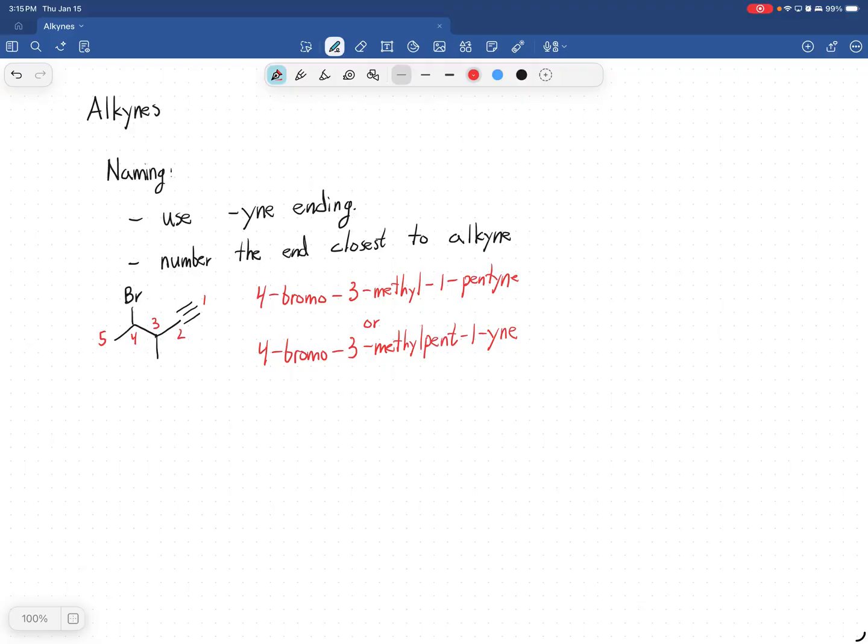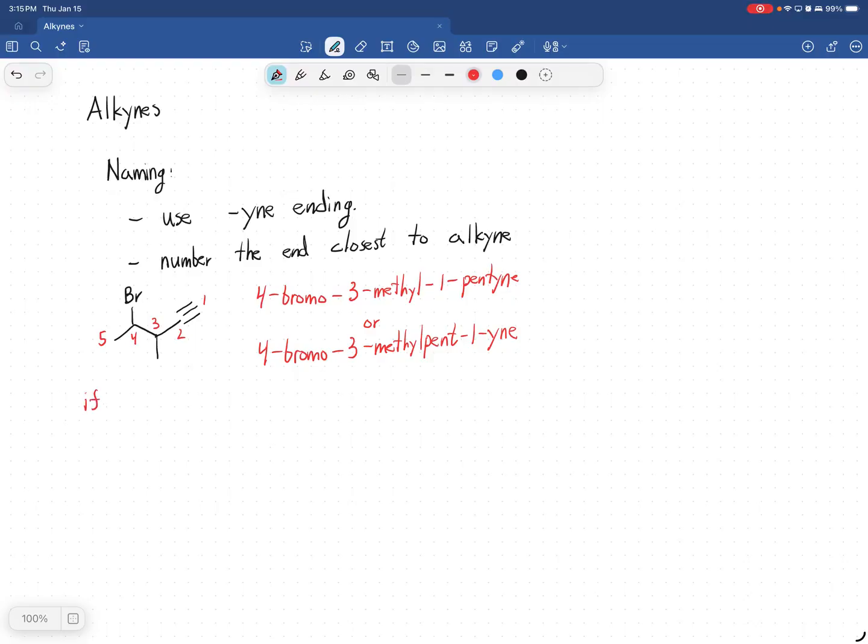So now if the alkyne is a substituent, instead of alkyl group, we'll call it an alkynyl group. Try saying that 5 times fast.